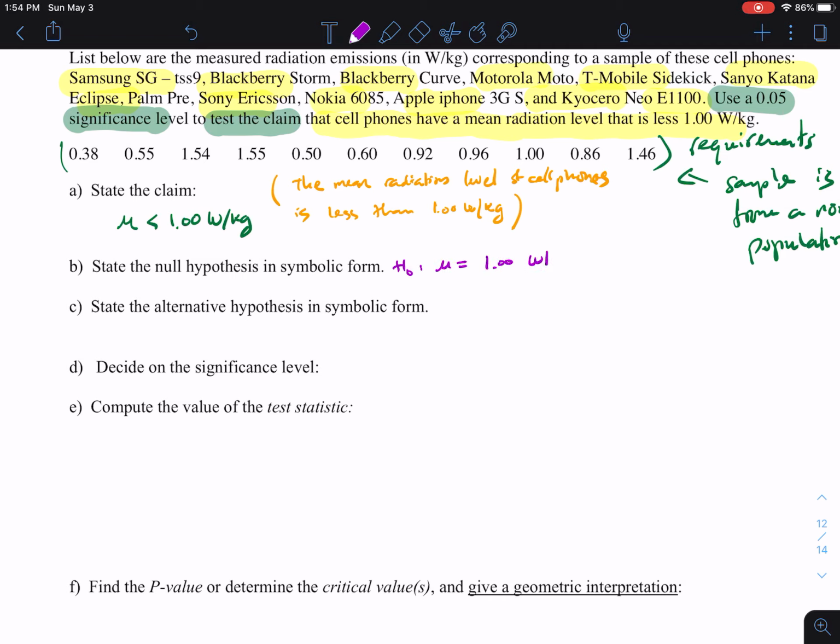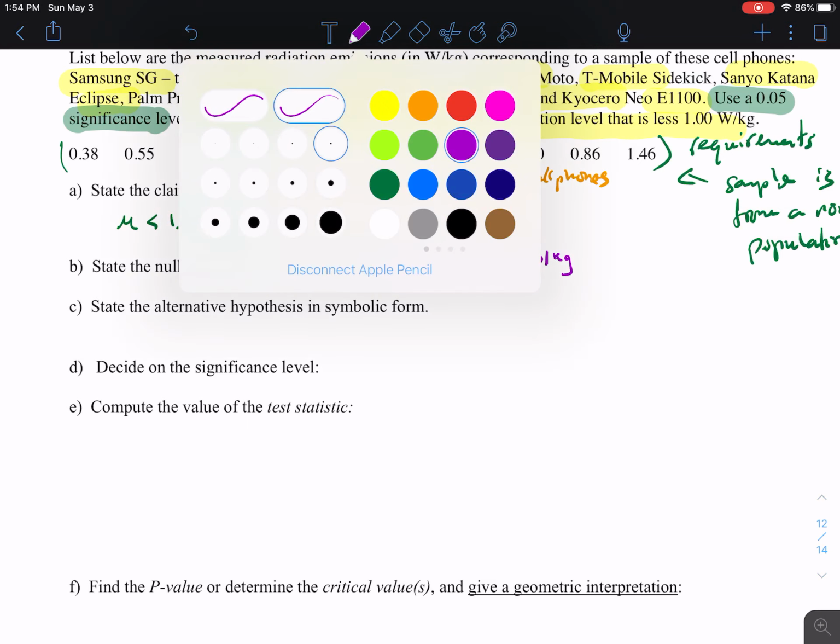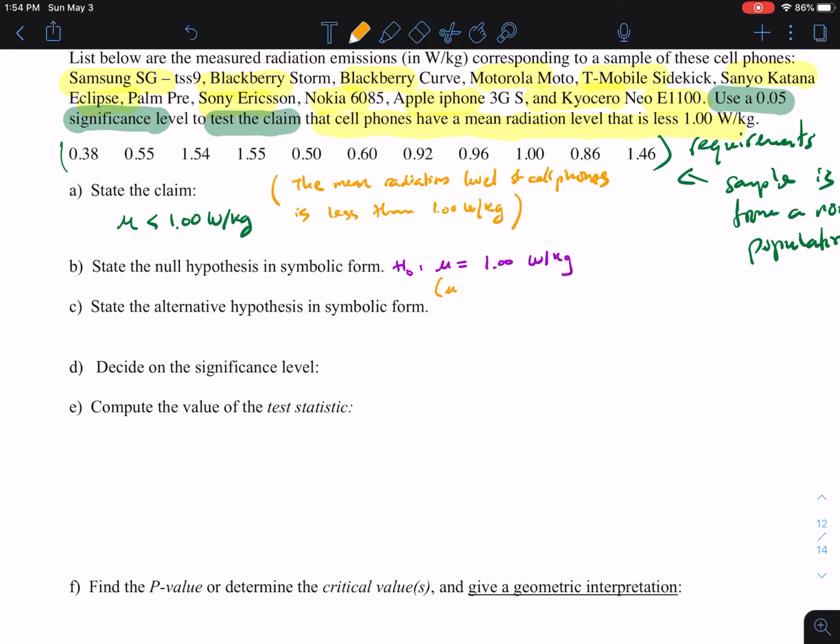Really this equal statement is mu greater than or equal to 1.0 watt per kilogram. But if we go with greater than or equal to, that has an infinite distribution. So we're just going to go with the one value, which is mu equal to 1.0. That is the opposite of this statement here.